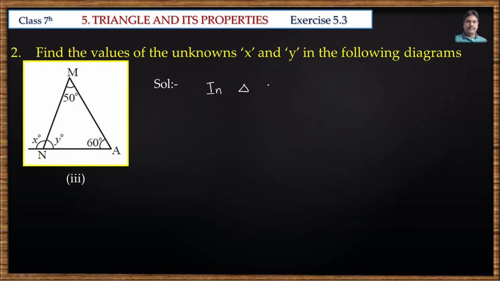In triangle MNA, y degrees plus 50 degrees plus 60 degrees is equal to 180 degrees by angle sum property.